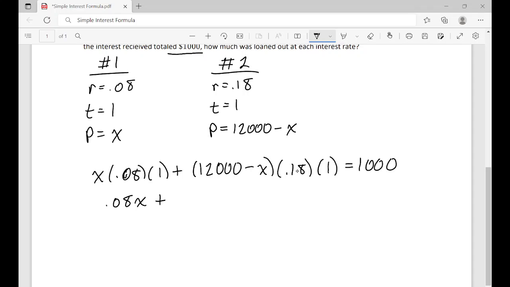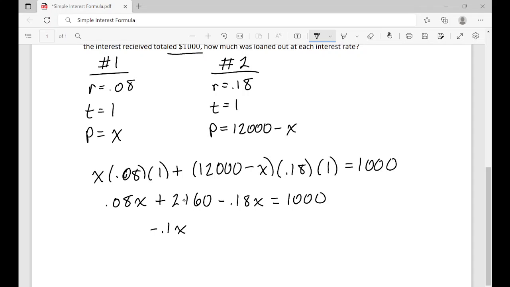And then 0.18 distributed into this parentheses is going to give me 2,160 minus 0.18x. Again, the 1 just doesn't do anything. Equals 1,000. Now I can combine the x's together, and I'm going to get negative 0.1x.